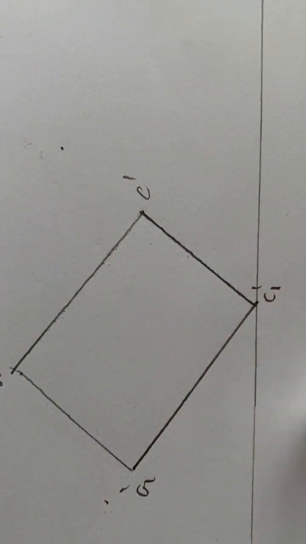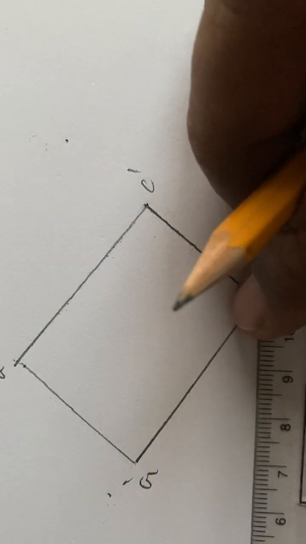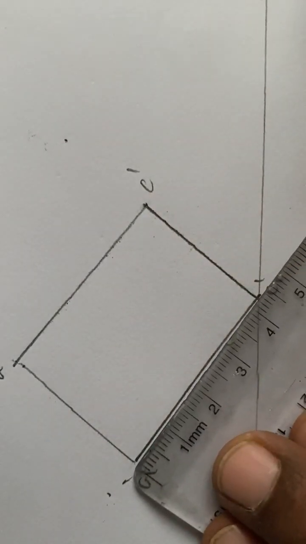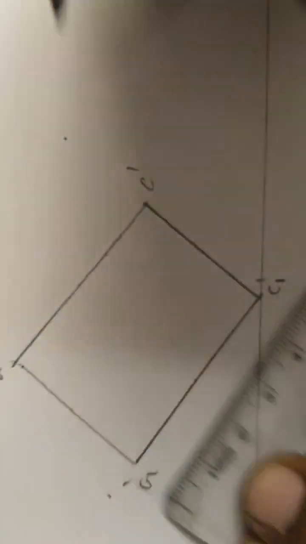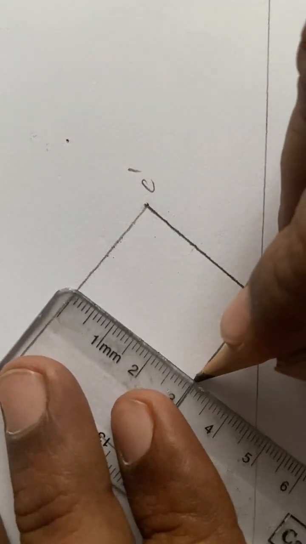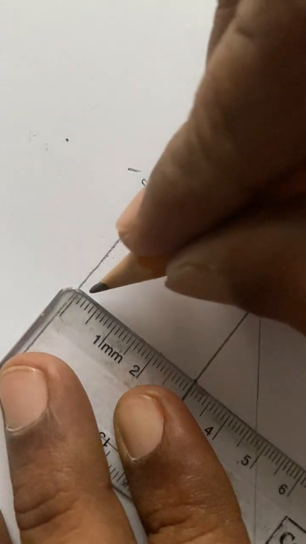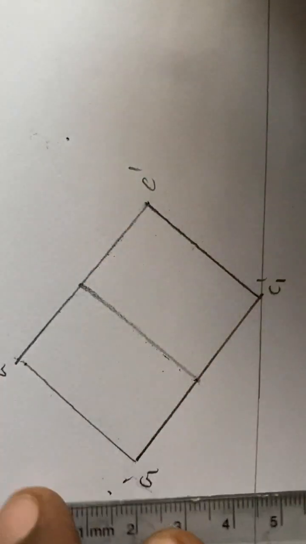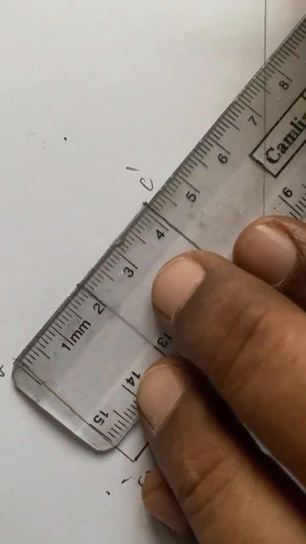Now center line 2.1, make a point here, then you draw like this. Okay, so 2.1 is slightly off.